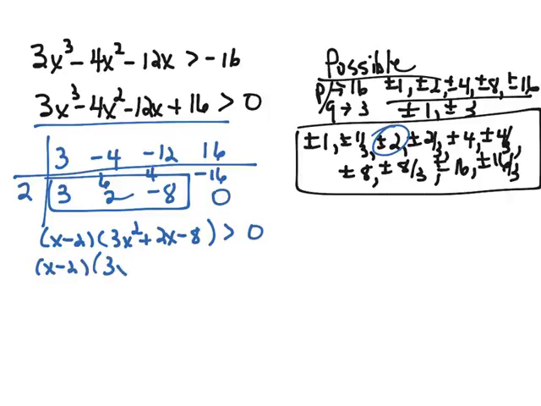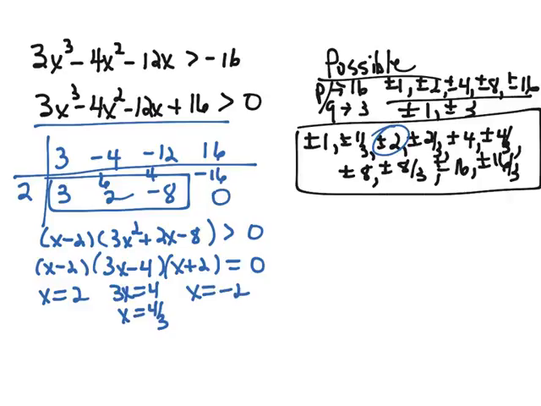And I believe that factors into 3x minus 4 times x plus 2. And if I set that equal to 0, I get x equals 2, 3x equals 4, so x is 4/3, and x equals -2.